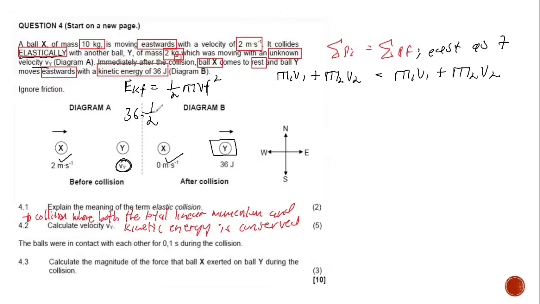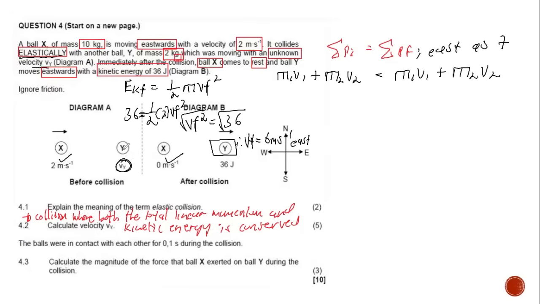From reading here, we are told that it is 2 kg. So we have 2 and then Vf squared. Now half of 2 is just 1. So that means Vf squared is equal to 36. If you square root this, then our Vf is 6 meters per second. To which direction? East.